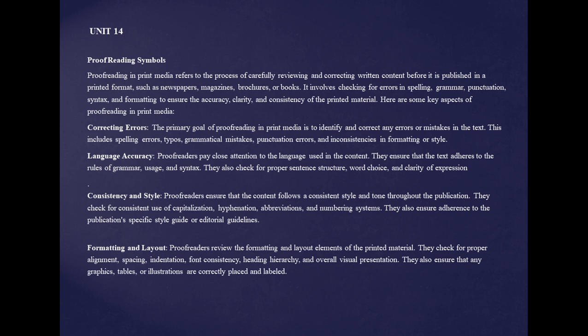Here are some key points of proofreading in print media. Correcting errors. The primary goal of proofreading in print media is to identify and correct any errors or mistakes in the text.